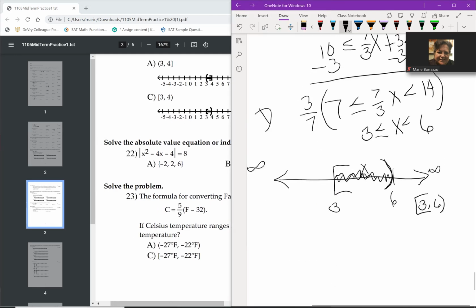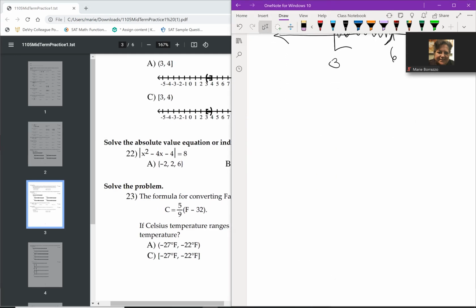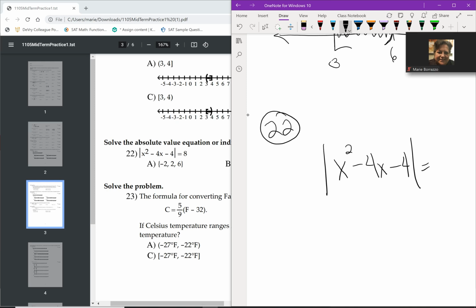Let's look at 22. On 22, you have the absolute value of x squared minus 4x minus 4 equal to 8.